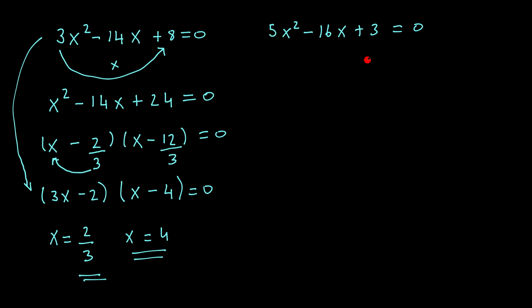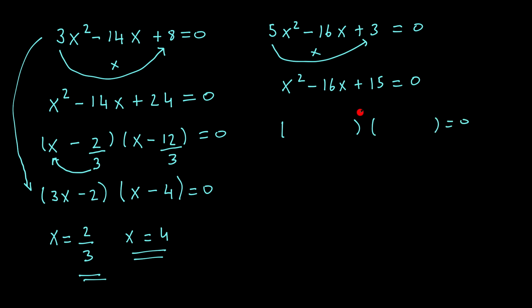So if we apply the same AC method onto this one, we multiply the 5 and the 3 together, and that would give me x squared minus 16x plus 15, and that's equal to 0. Breaking that down to two linear expressions, that would give me x, and put my x's here.